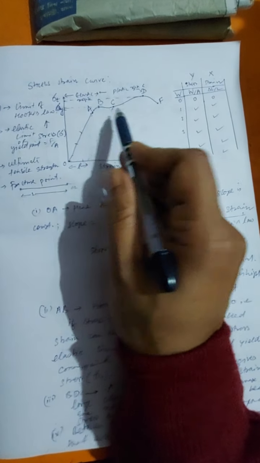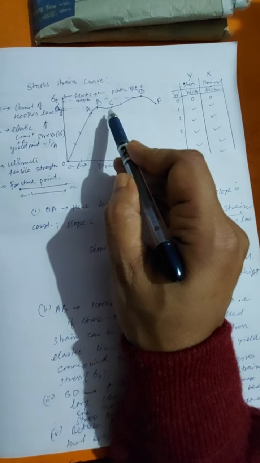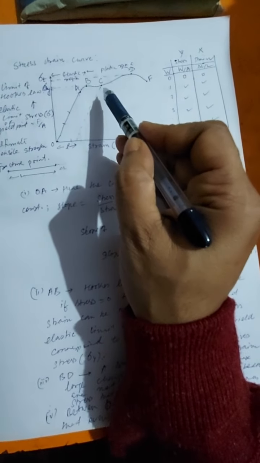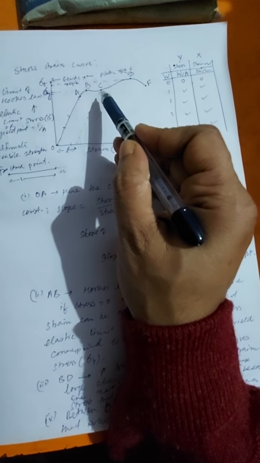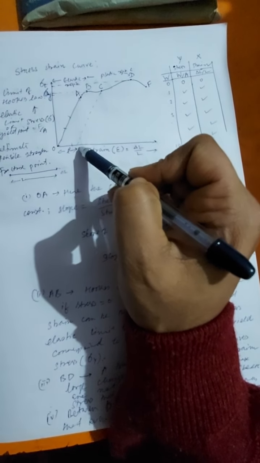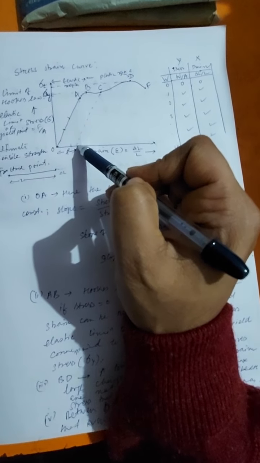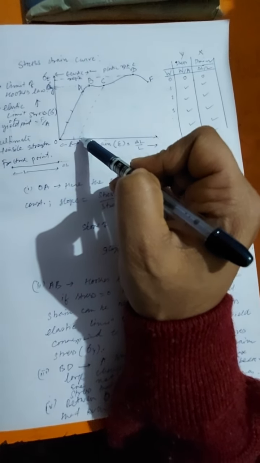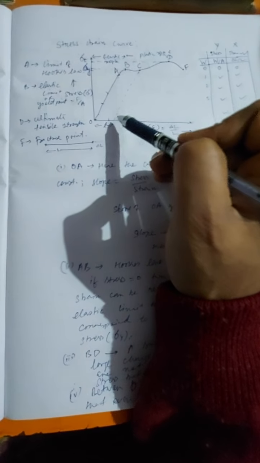But beyond B, if you take any point, the material cannot get back to its original position when the stress is removed, and a permanent strain is obtained in the material, and the material is said to have a permanent set.